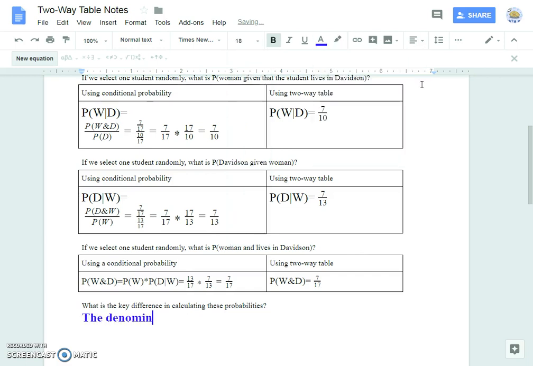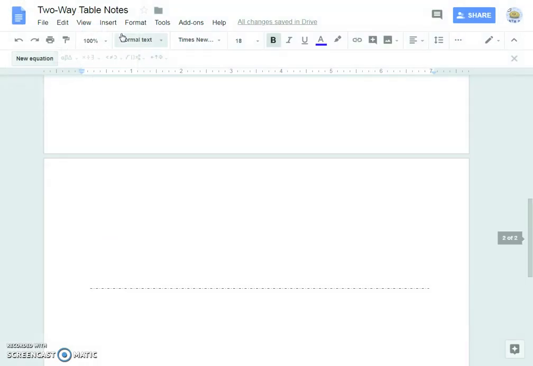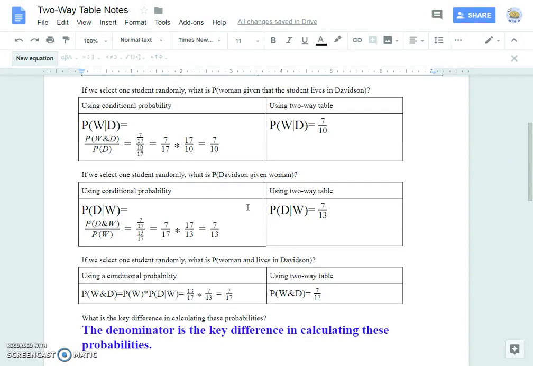The denominator is the key difference in calculating these probabilities. So that's the key here. That sums up probability, or conditional probability.